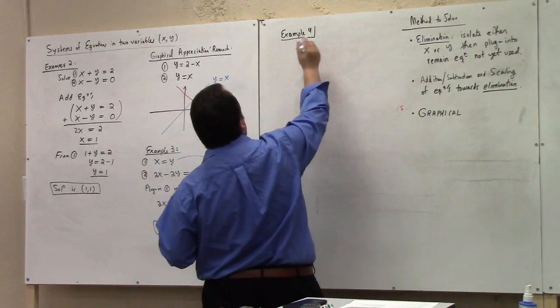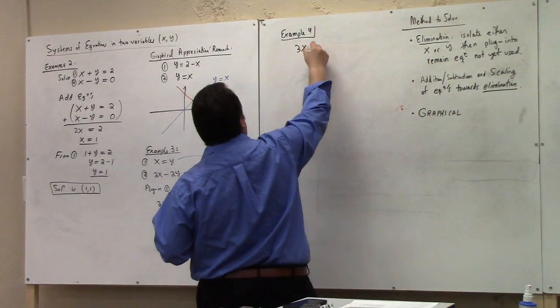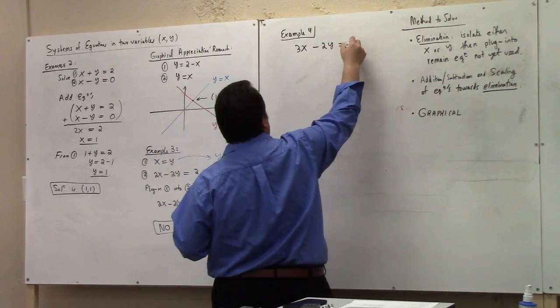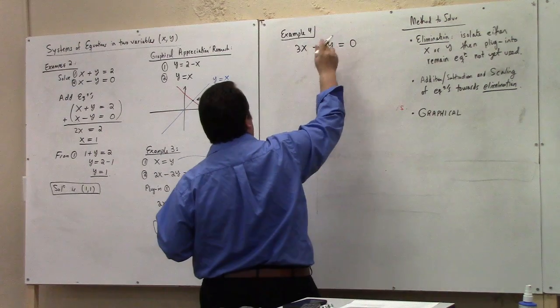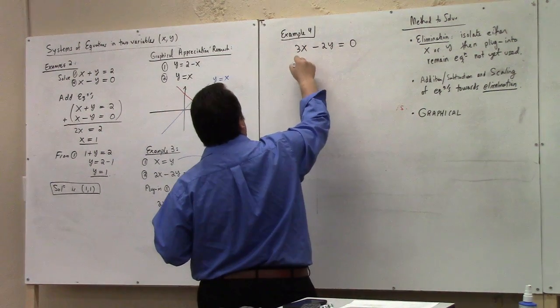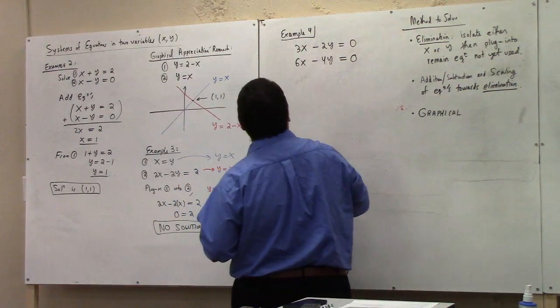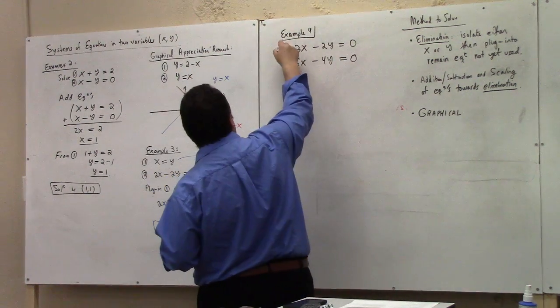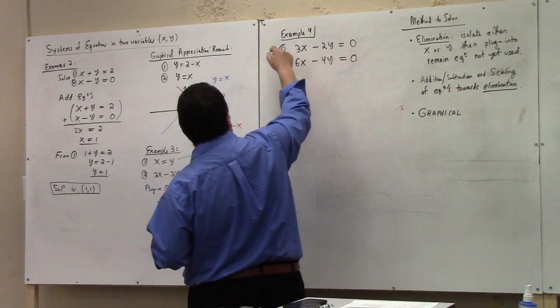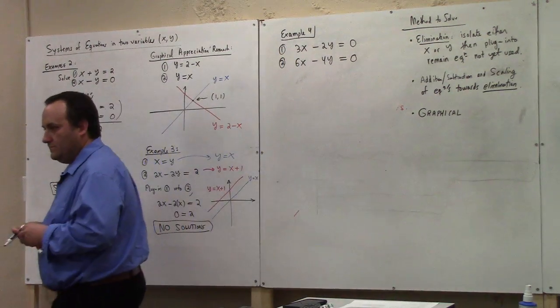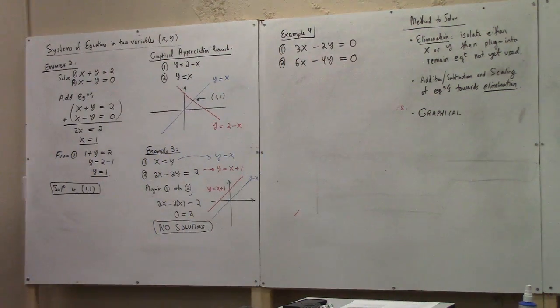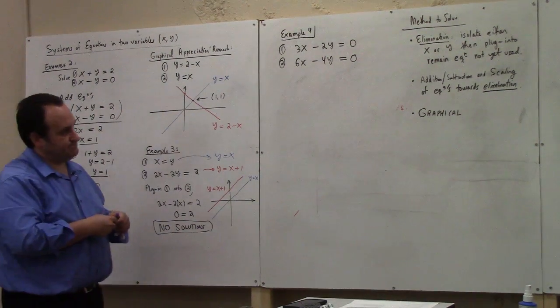So let's do 3x minus 2y equals 0, and 6x minus 4y equals 0, right? So if we try to solve the system of equations, and we can, I'll tell you right now we can, what happens?